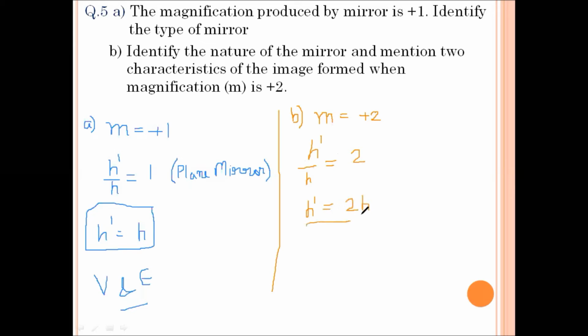So we can see the image formed here is magnified because the size of the image is more than the size of the object, and the sign of h dash is plus. It means the image formed is virtual and erect. So this type of image is formed by a concave mirror, and the characteristics of the image are magnified, virtual and erect.